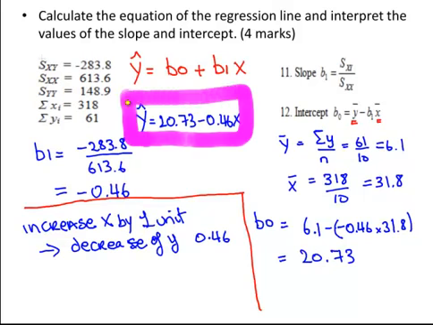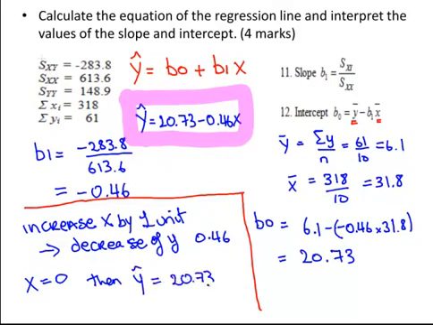According to this model, we can have a newborn baby in the model, and he or she will only miss 20.73 working days on average. So models are sometimes very limited. If X equals 0, then the estimate for Y is 20.73. So those are the two interpretations.